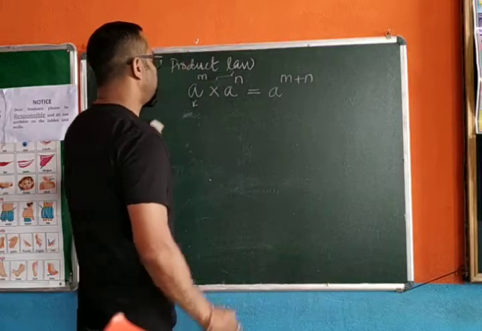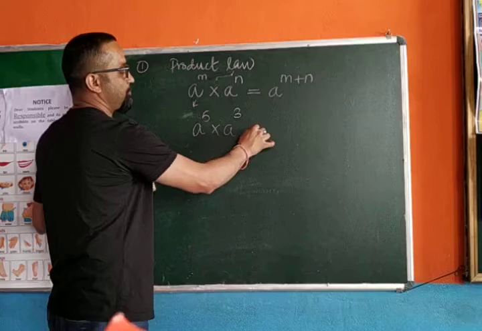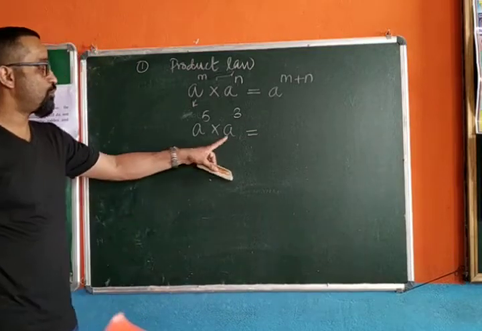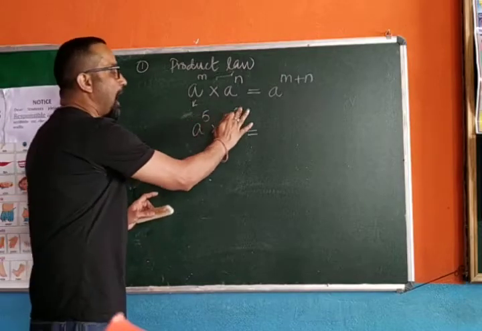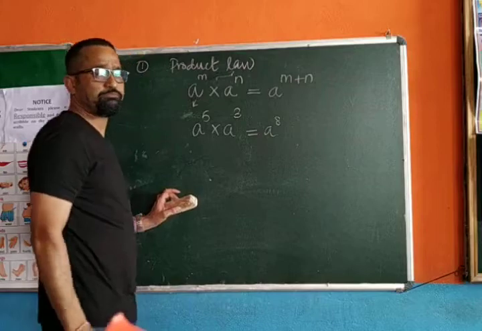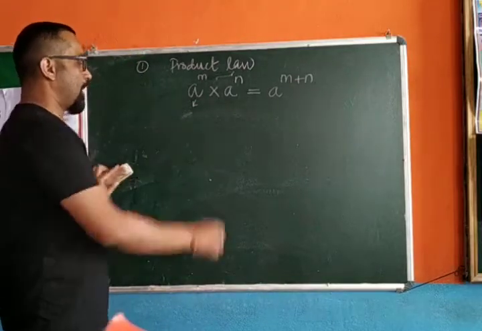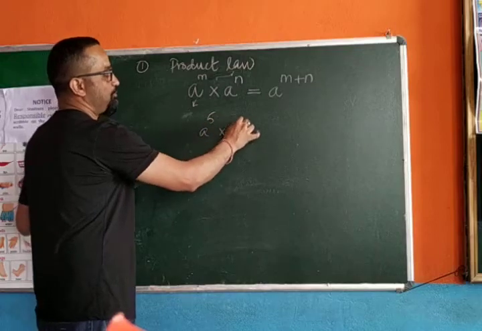Second example, a to the power of 5 multiplied by a to the power of 3. You need to look at the bases. If they are the same, add the power. 5 plus 3 is 8. Look at the third example, a to the power of 5 into b to the power of 2.